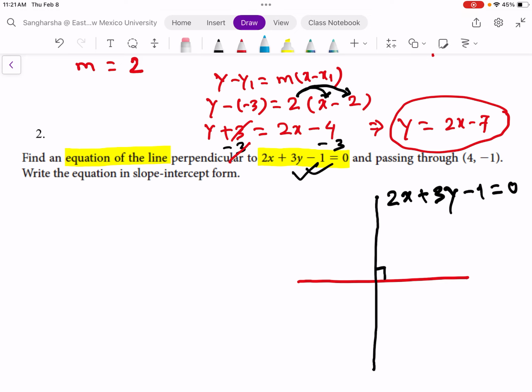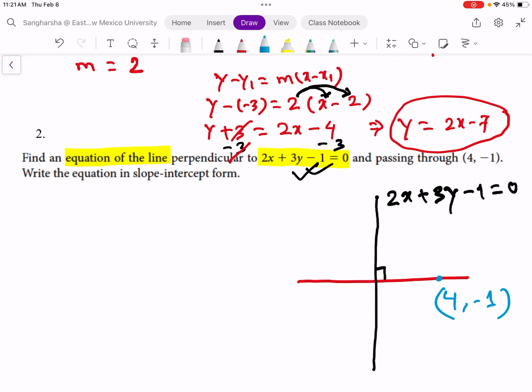So let's say this point is 4, negative 1. Here we need to find the equation of the red line. This red line is perpendicular to our black line, which is 2x plus 3y minus 1 equals 0, and the red line is passing through 4, negative 1.